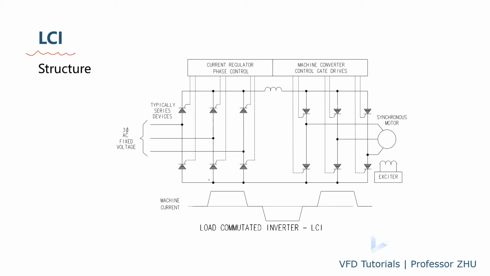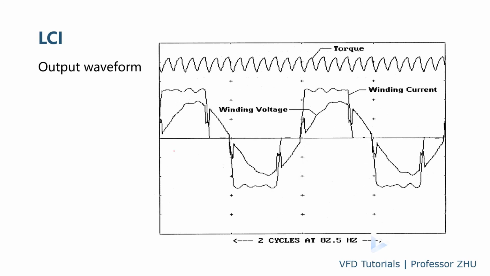And this is a typical current waveform on the output side. Similarly on the line side, the waveform is trapezoidal and not sinusoidal. And this is the actual waveform on the motor side. You can see here is the motor voltage, and here is the current.